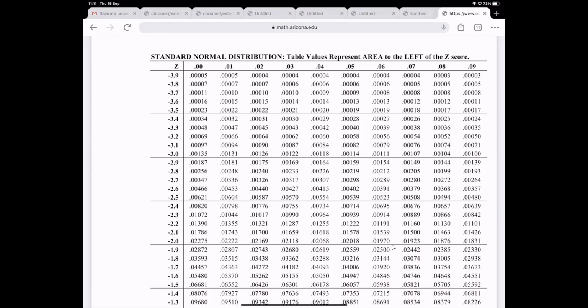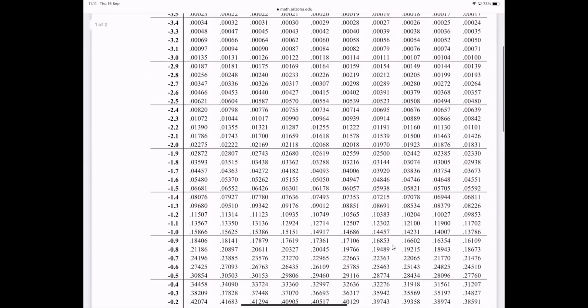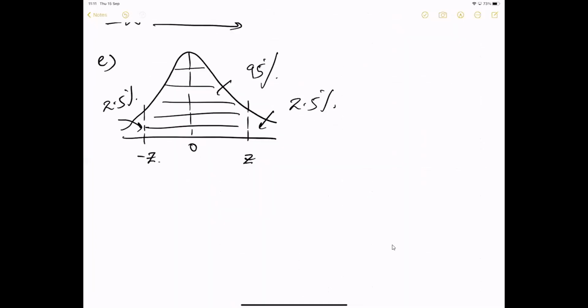You can see here, 0.025 is minus 1.96. It covers negative infinity to this point.